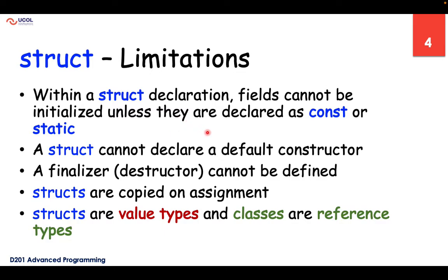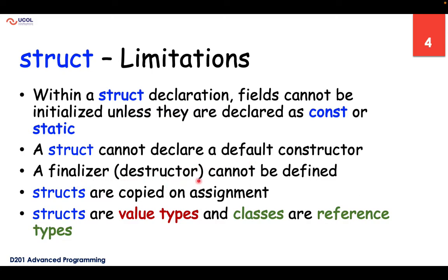We can define a constant value which never changes in the program, or a static one. The structure cannot declare a default constructor, so there is no default constructor in the structure, and we cannot define or override it. Yes, we can have a constructor which takes some parameters, but we can't have the default constructor.